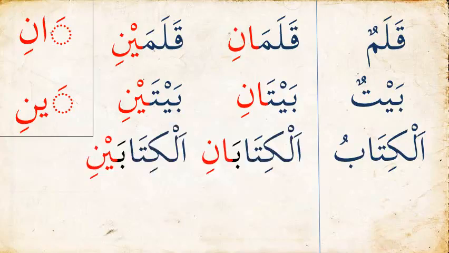al-kitabani or al-kitabaini. The final one, I would like you to pause the video and write down the dual for the word muslimun. In other words, write down the two duals, both of them, for the word muslimun. So pause the video now and write it down.